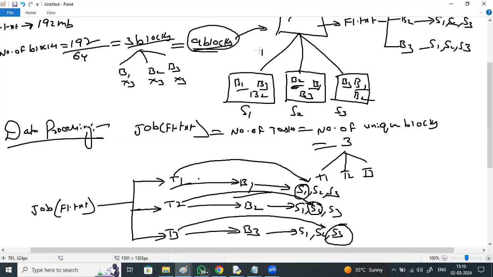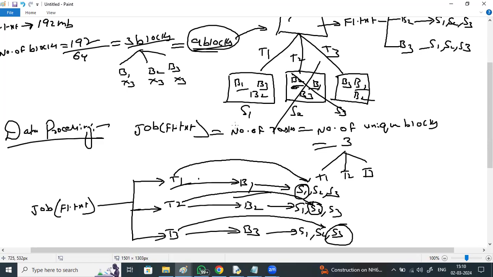While executing T1 by S1, T2 by S2, T3 by S3, suddenly if S2 goes down, is there any data loss here? No data loss, because even if S2 is down, the blocks are still available in S1 and S3.